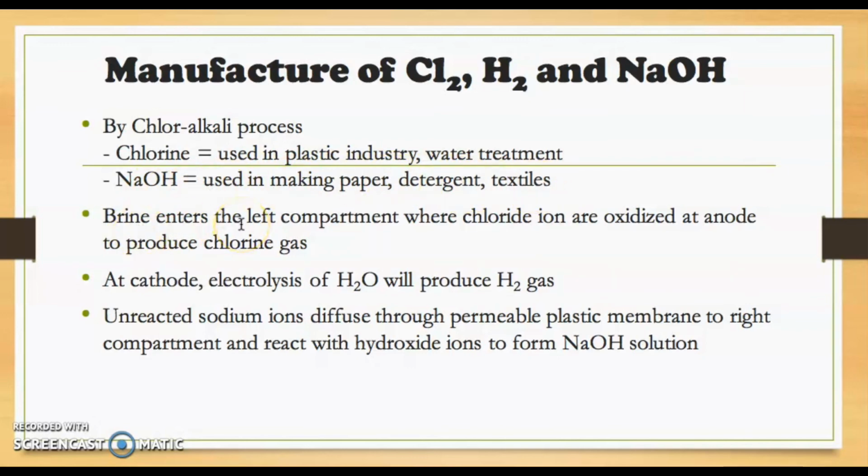Brine enters the left compartment where chloride ions are oxidized at the anode to produce chlorine gas. At the cathode, electrolysis of water will produce hydrogen gas. Unreacted sodium ions diffuse through the permeable plastic membrane to the right compartment and react with hydroxide ions to form sodium hydroxide solution.